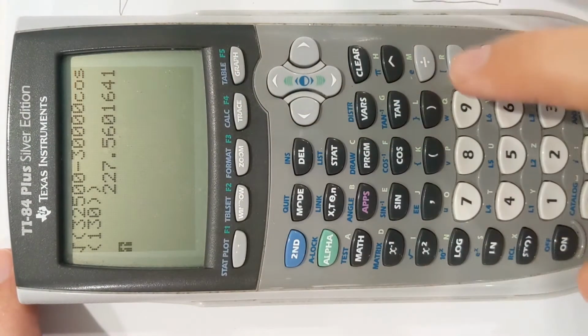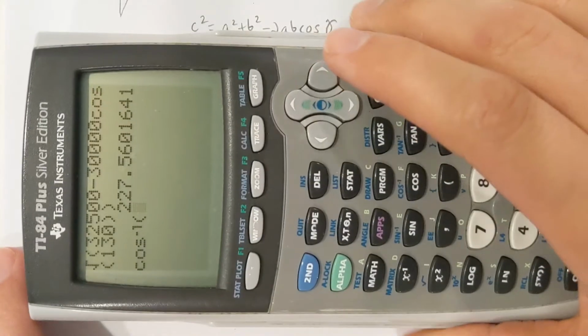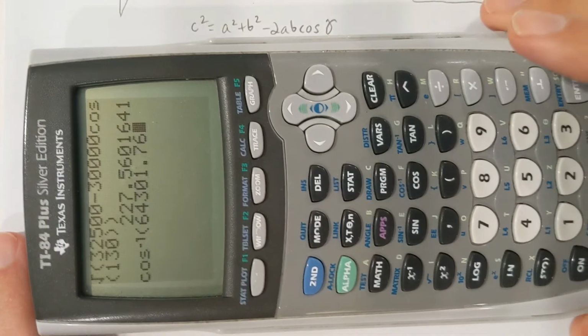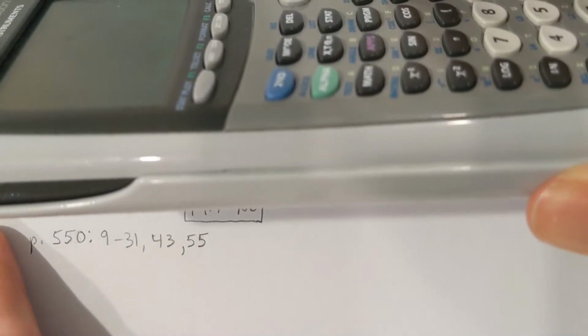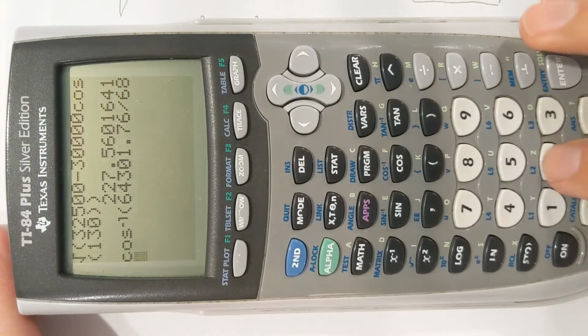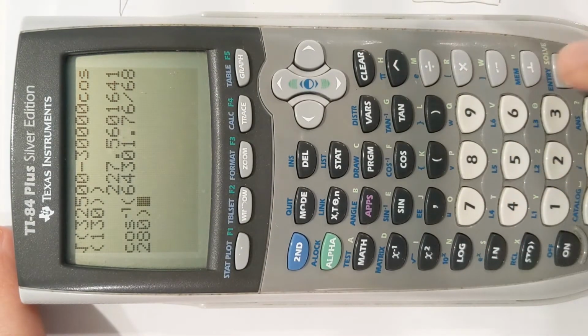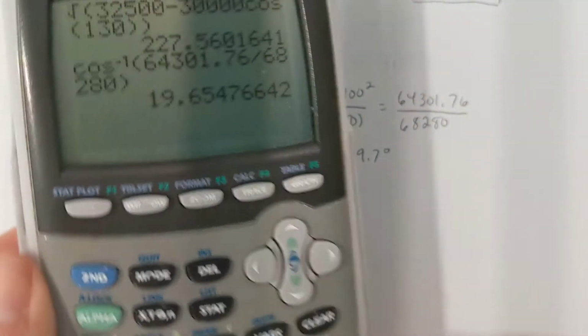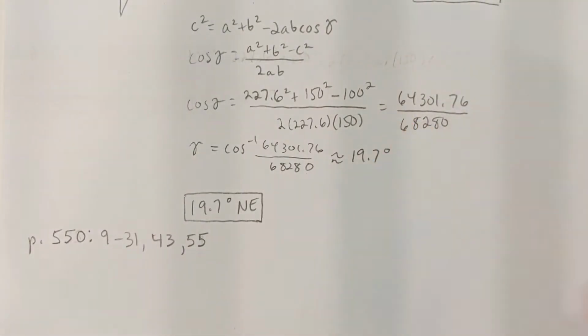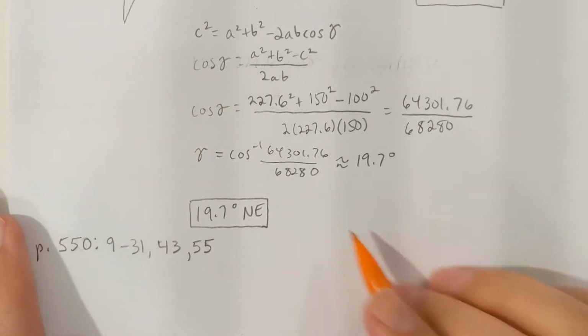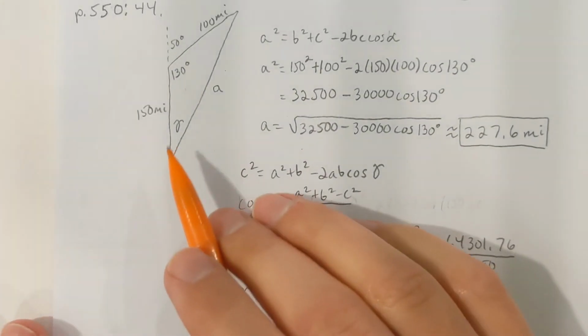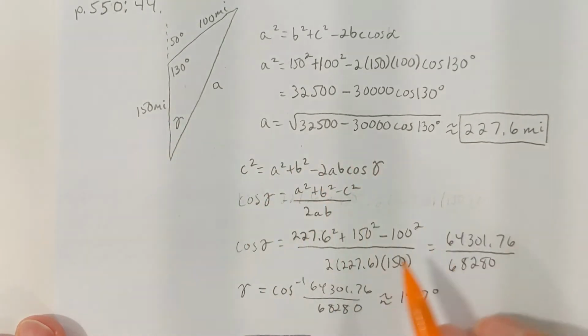Cosine inverse of 64,301.76 divided by 68,280 is 19.7 to the nearest tenth. Of course, that's a degree measure, so it's a good idea to indicate the direction also. If they're starting north, you're going to have to shift 19.7 degrees northeast to have that direct shot.